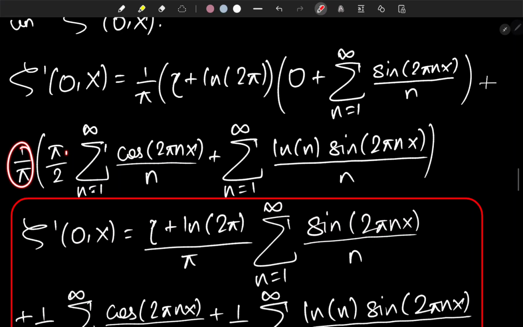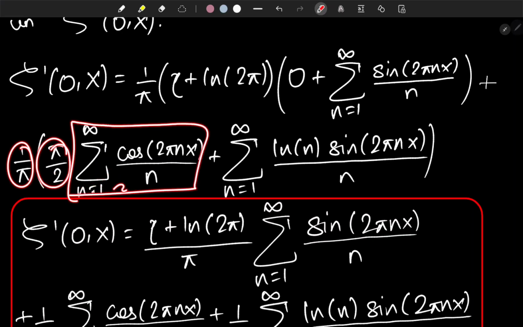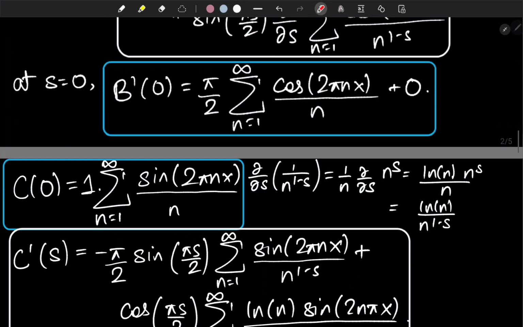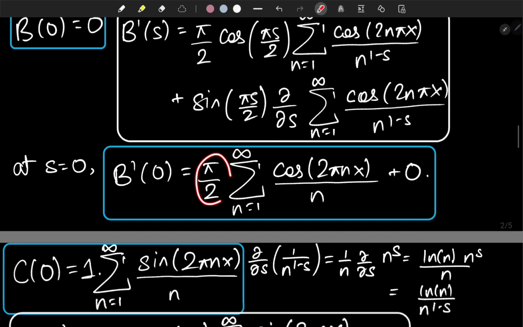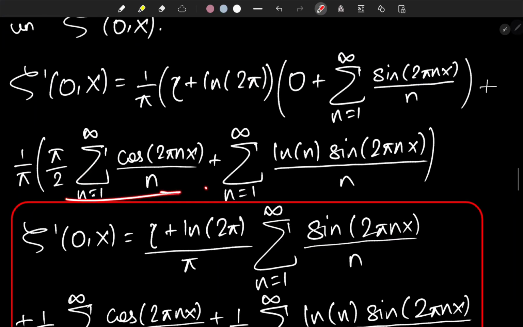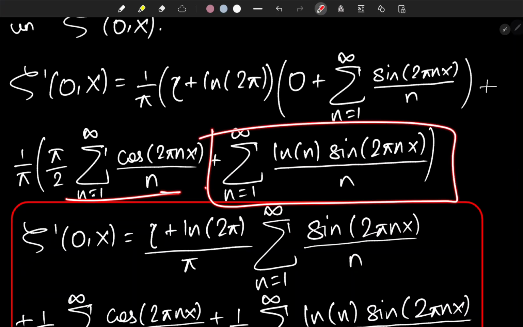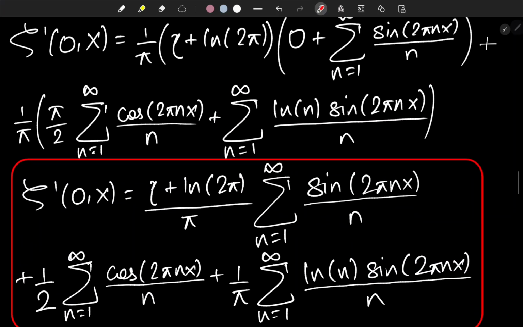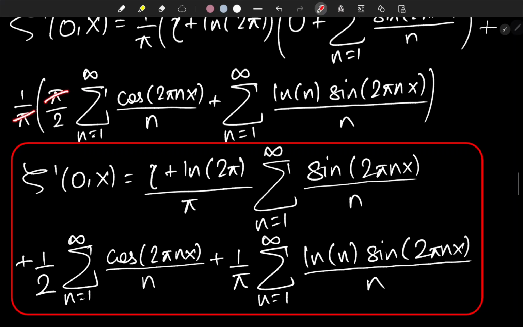And it's 1 over 2 times pi over 2, and the derivative of the b part, so it's pi over 2 times this sum. The derivative of the b part is this, and the derivative of the c part is this one. Now we are getting rid of this pi, and we have a 1 over pi factor as well, and here we have 1 over 2.